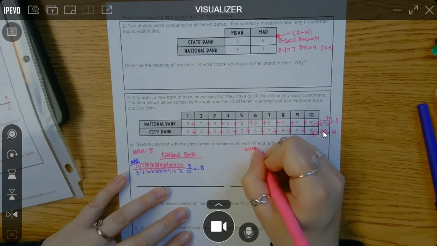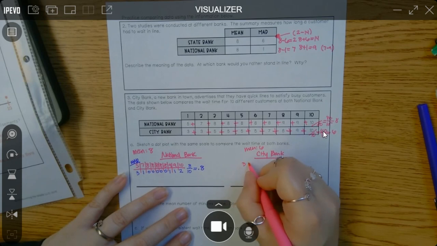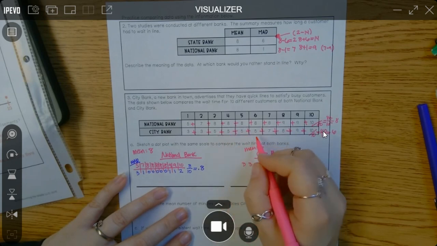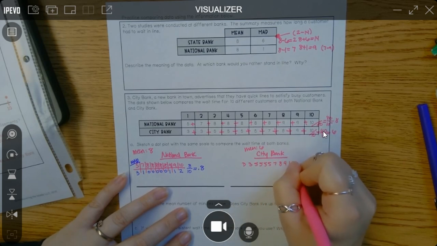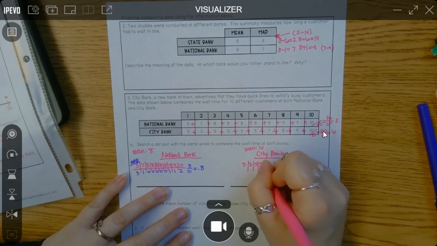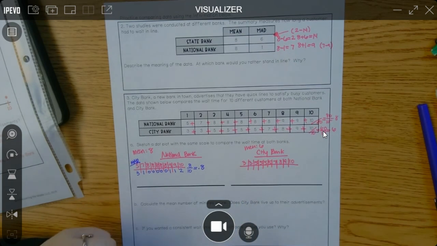Okay, so their mean is 6. So then to find their MAD, 3, 3, 5, 1, 2, 3, 4. So let's see how much their variability is by checking out their MAD.